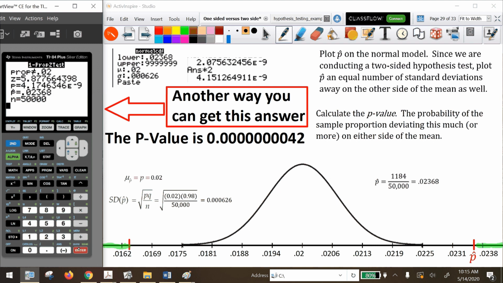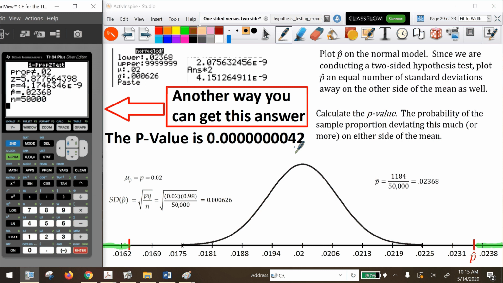See that number at the right here, 4.17 e negative 9? That's the same as this number here. They're off a little bit because I did estimate that standard deviation here, and in the calculator they never ended up rounding that. So I guess the calculator one is a little bit more precise, but they both round to 0.0000000042. So that's another way you can get your answer.